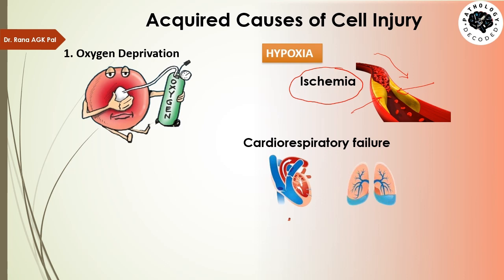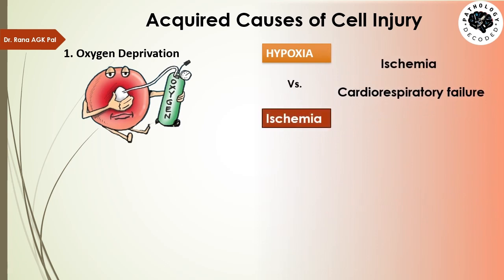Secondly, if the lungs are damaged or not functioning properly, then the blood which reaches the lungs cannot be oxygenated properly. This leads to less oxygen in the hemoglobin, and the tissue is deprived of this oxygen, leading to hypoxia.